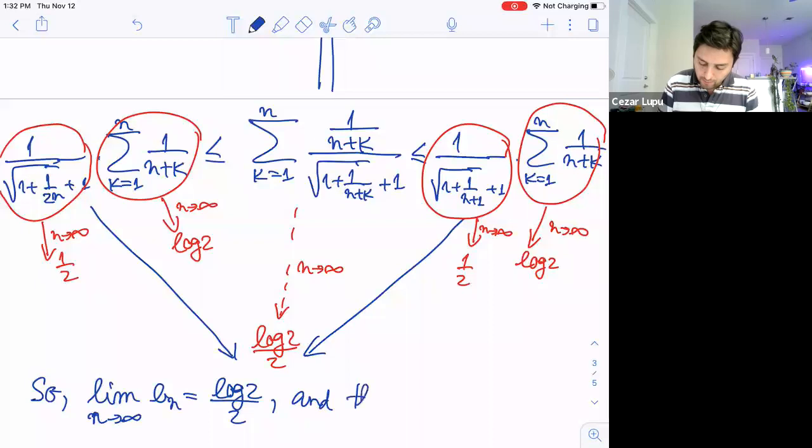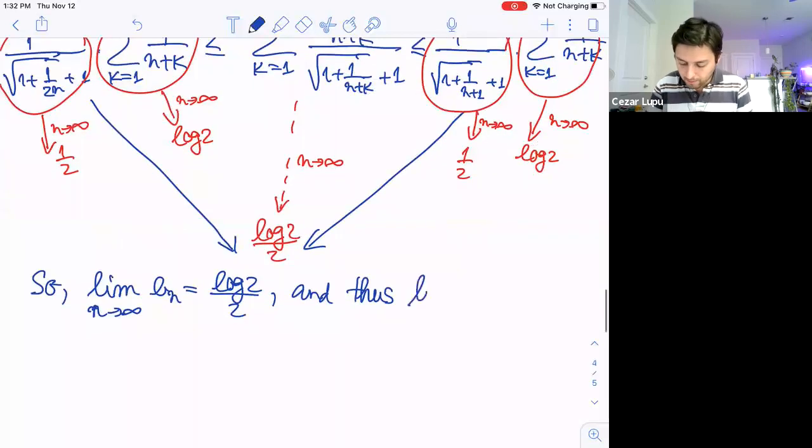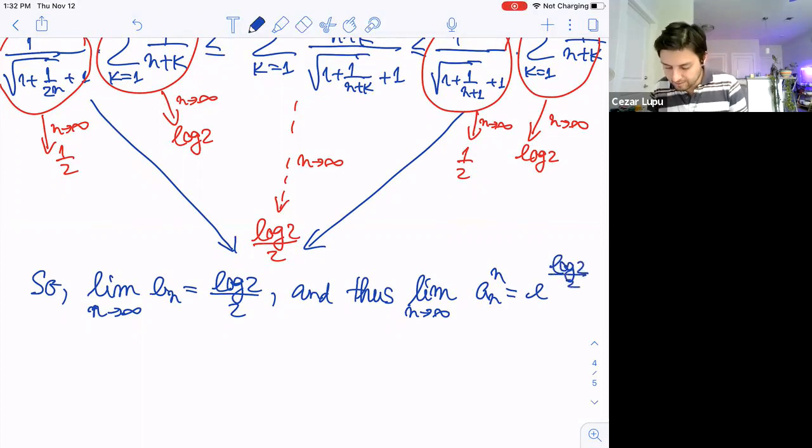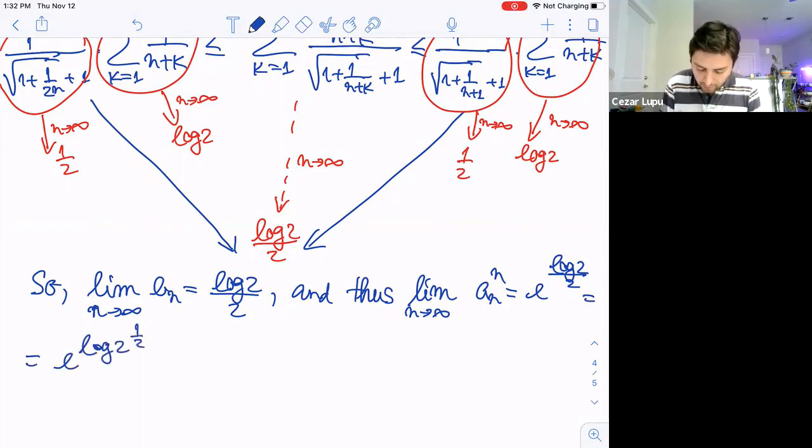And thus, this will imply that the limit as n approaches infinity of an to the power n will be e to the power log 2 over 2. We can go even further. This is e to log 2 to 1/2, which is square root of 2. And that's it. That's the end of the problem.